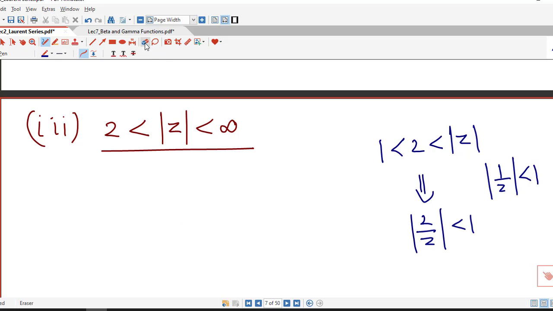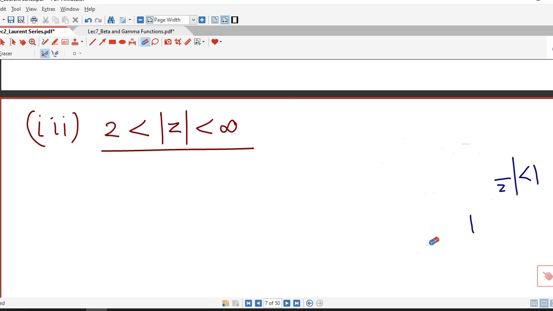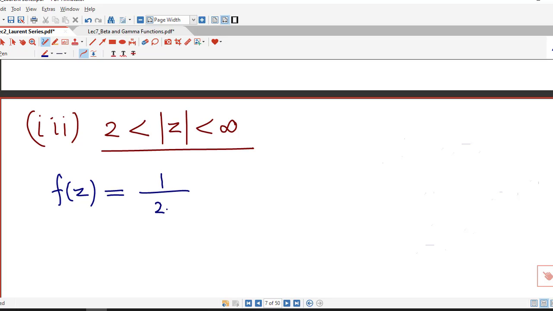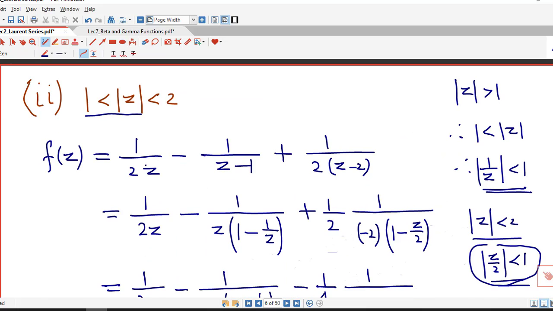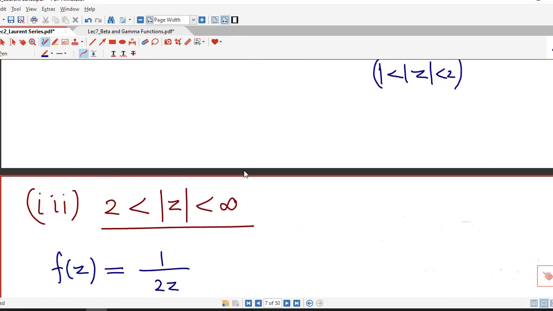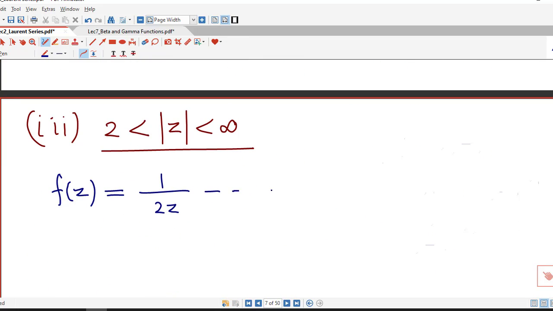So now we see what is our function and how we can write it appropriately so that we can use the standard Maclaurin series expansion. Our given function is 1 by 2z minus, let me check again, it is 1 by 2z minus 1 by z minus 1 plus 1 by 2 into z minus 2.